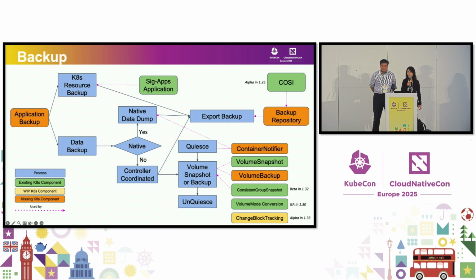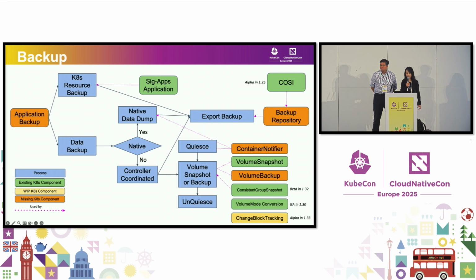We see a few green color pieces here, and we have the application CRD that is owned by SIG Apps. We have volume snapshot that is owned by SIG Storage. Those are existing features in Kubernetes. We also have a few other features here.